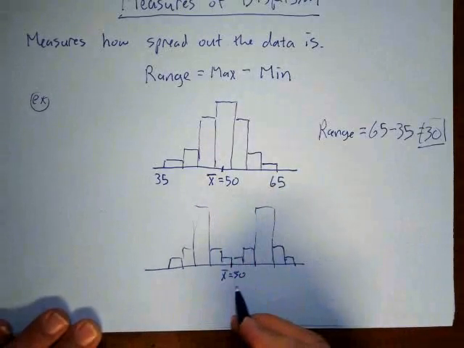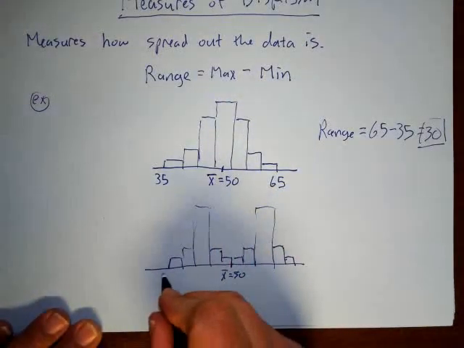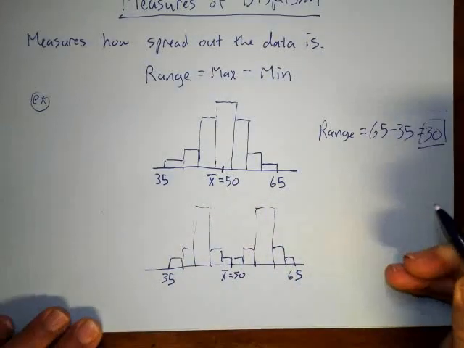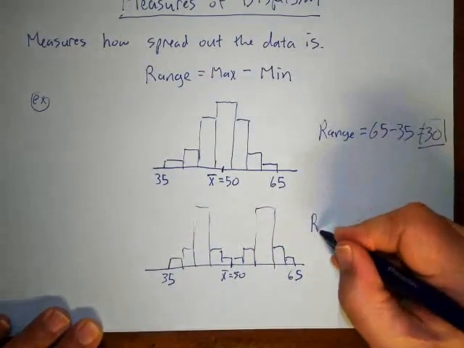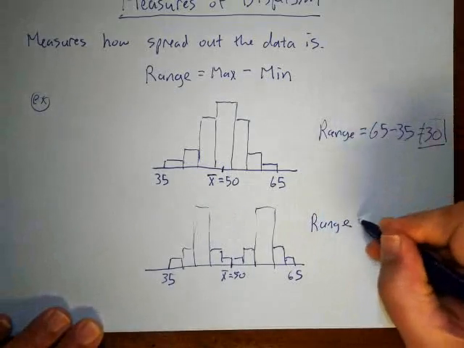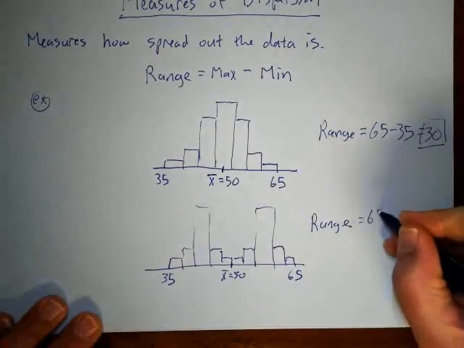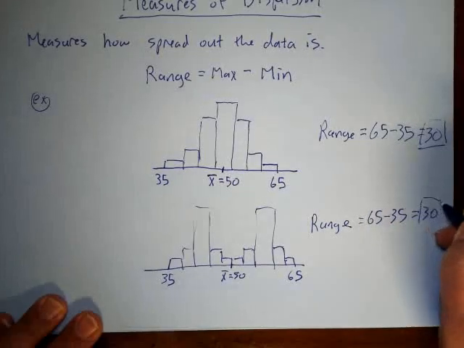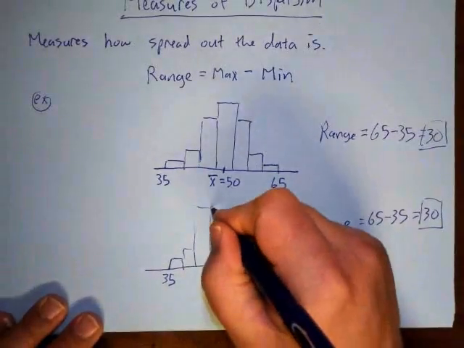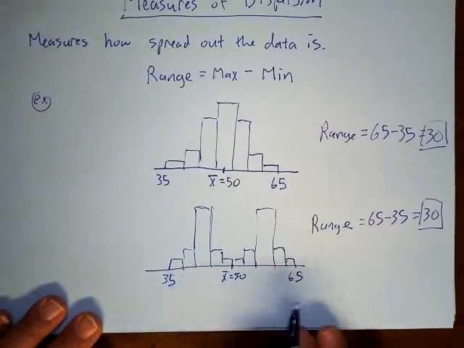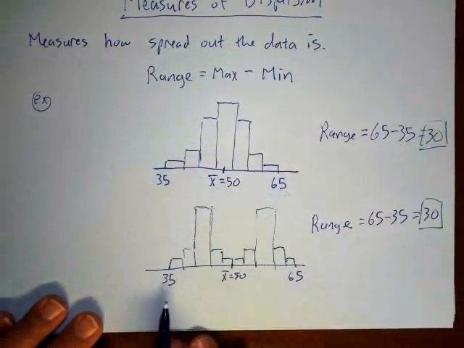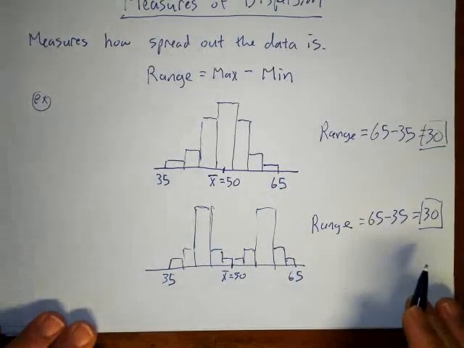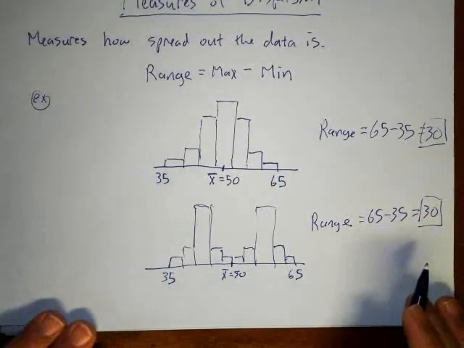The minimum value we'll say is 35, and the maximum value is 65. If I were to calculate the range in this case, I would get 65 minus 35 is equal to 30. I would get the exact same range for this data set. They both are spread out from 35 to 65. They both have the same range, and yet they're very different data sets.